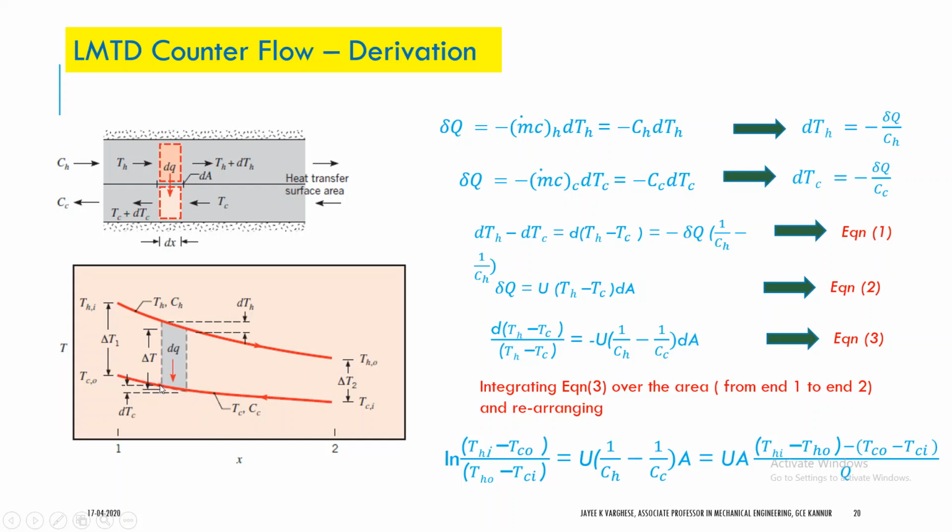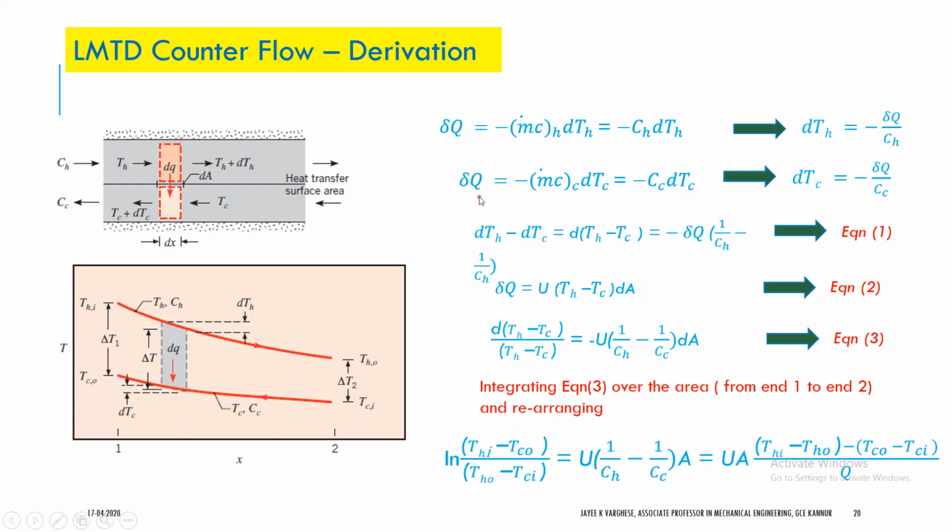So this direction, the positive direction, is to be taken care of for cold fluid. So for cold fluid, dTc will be negative, because this is our positive direction, and in counterflow cold fluid flows in the negative direction.